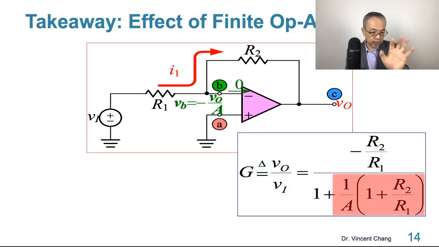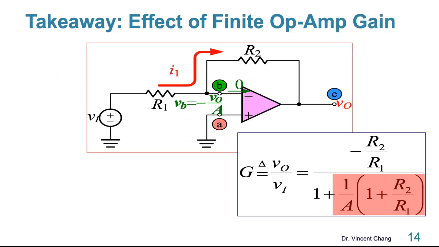The red highlighted part is the error term, the effect. So what's the effect of the finite open loop gain on this inverting amplifier? The red highlight is the effect.